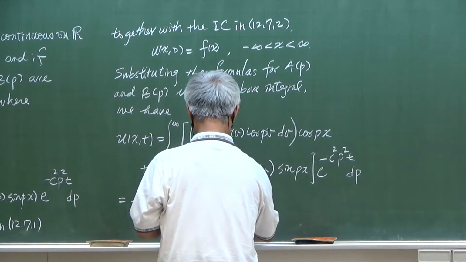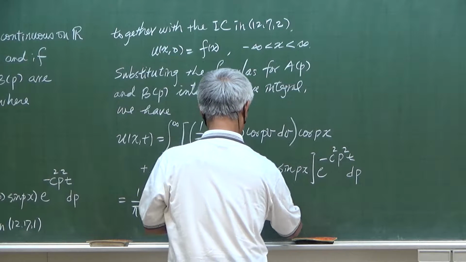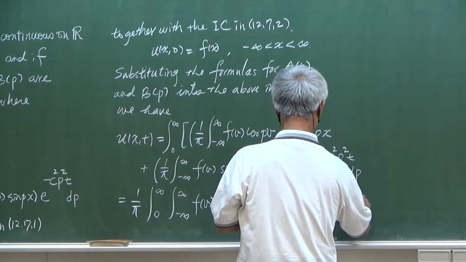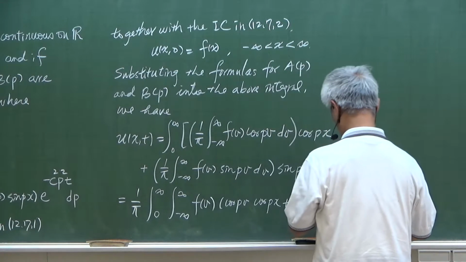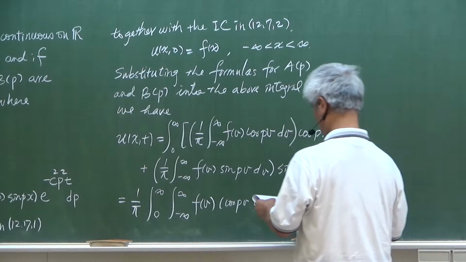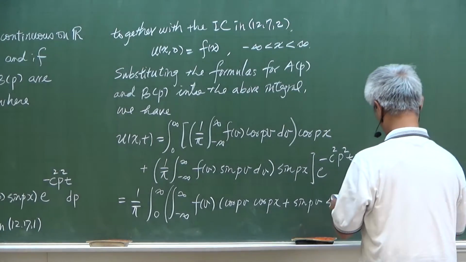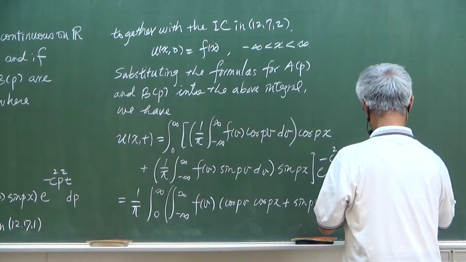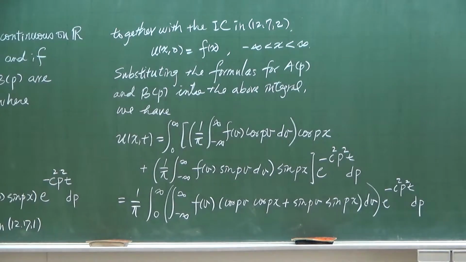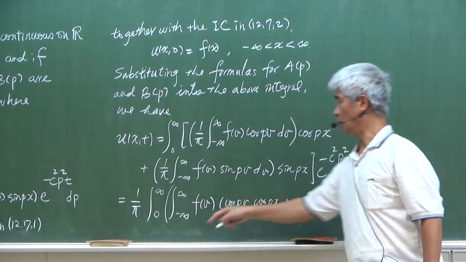So we have cosine pv cosine px, plus sine pv sine px, and dv here, exponential minus c²p²t dp. So the inner integral is over v, and the outer integral is over p.